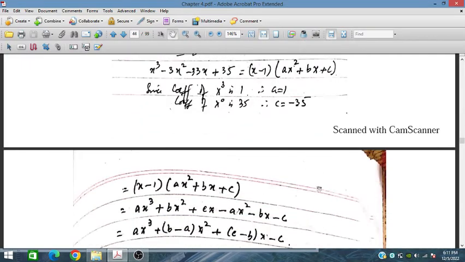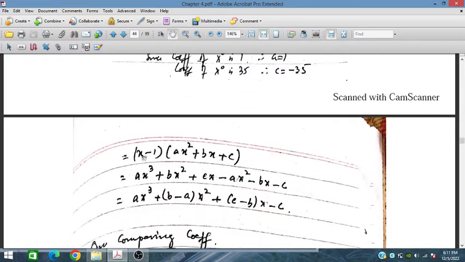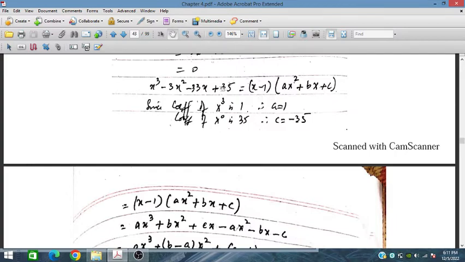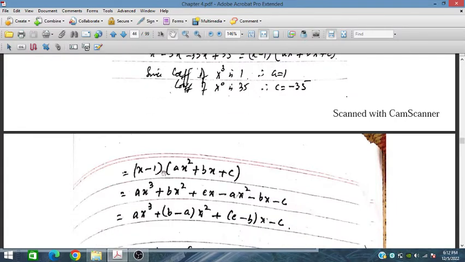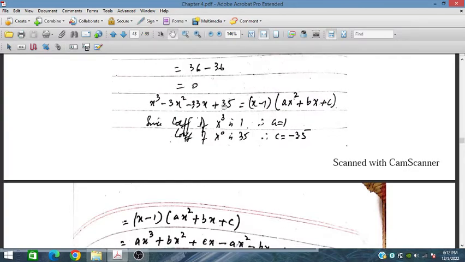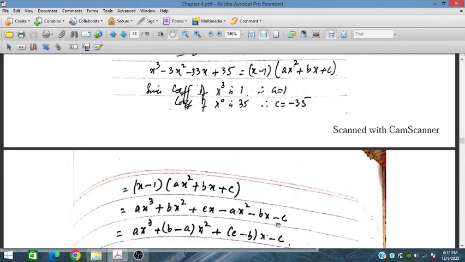Now we can compare it very easily. This x minus 1 is multiplying with this, so by multiplying we can see this is the result: ax cube, b minus a, c minus b, and minus c. We can compare it. Minus c is equal to 35, so c is equal to minus 35.